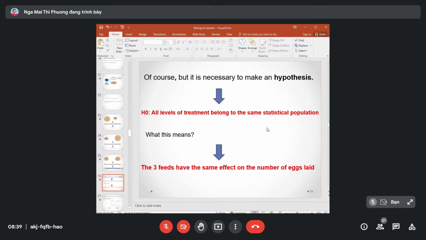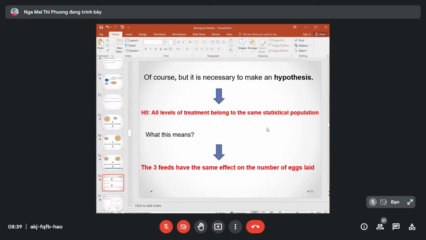As you saw before, we have H0 and H1. H0 means that all levels of treatment belong to the same statistical population. It means that the three feeds have the same effect on the number of eggs.